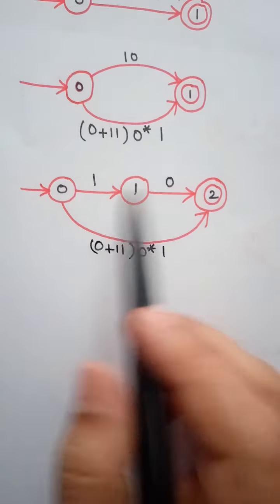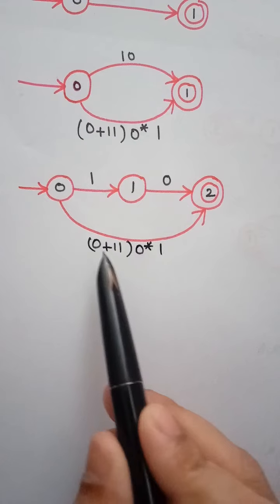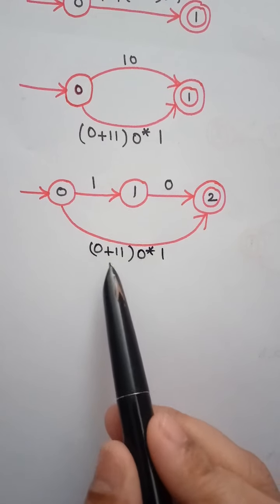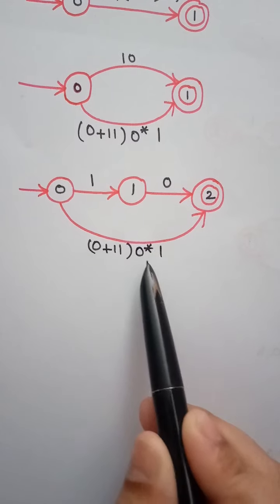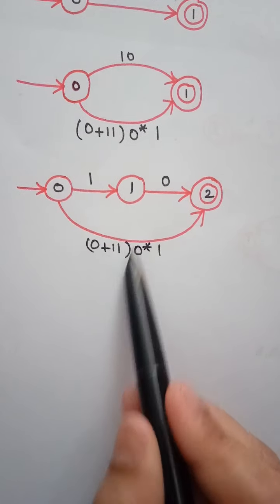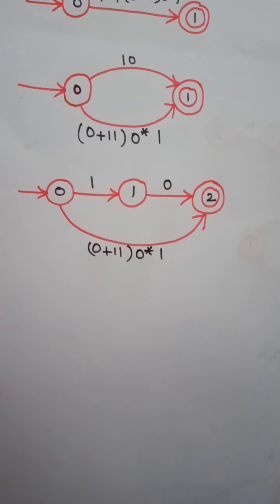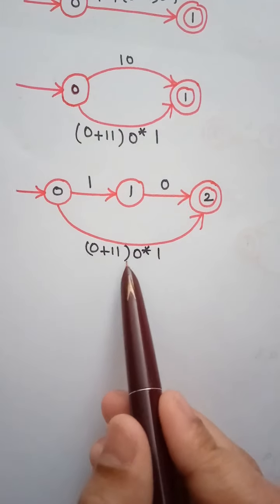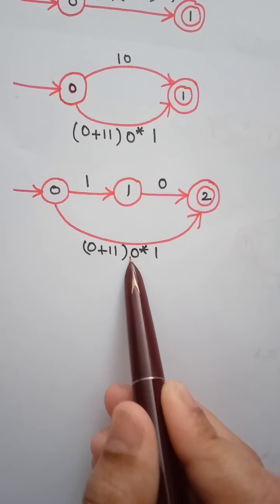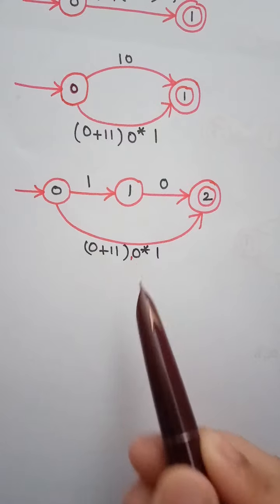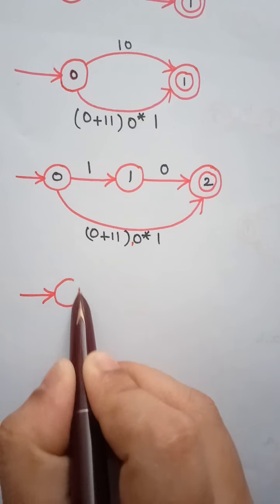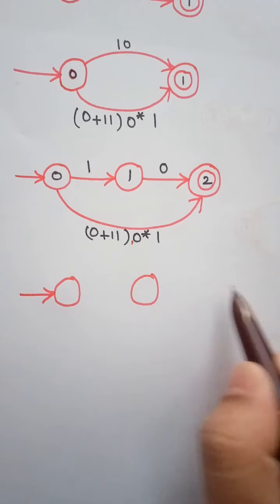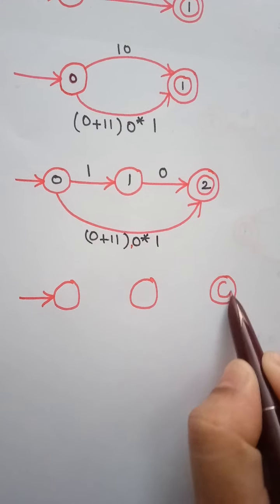Now after this we need to split these things. First we'll try to split (0 + 1 1) and 0 closure 1. When we split this, you can see a concatenation operation is there for these two terms. If concatenation is there, how will this get split?